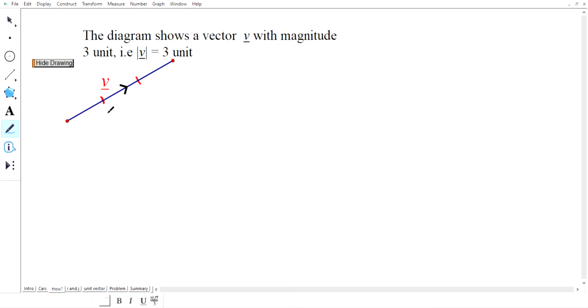Then I draw a line segment parallel with vector V and in the same direction. The length of this directed line segment is 1/3 of the length of vector V. Now I have just drawn the unit vector in the direction of vector V. What is the relationship between unit vector in the direction of vector V and vector V?